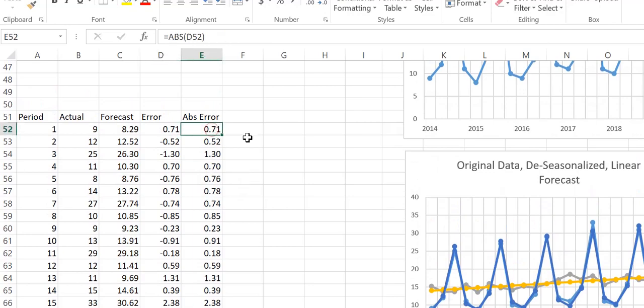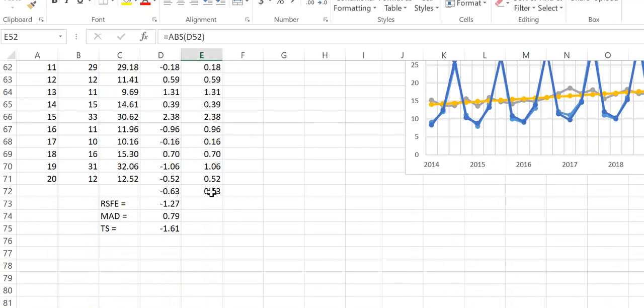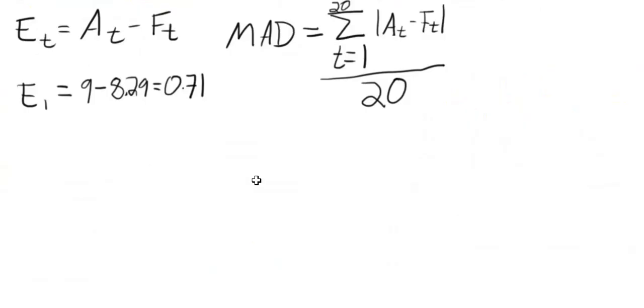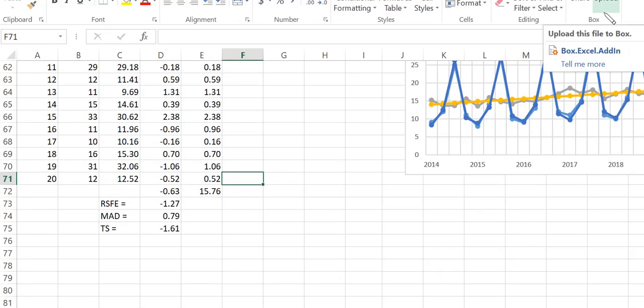We have to take the absolute value, and if we sum these numbers right here, they sum to 15.76, which we divide by 20, and we get 0.788. So our average absolute error is 0.788.